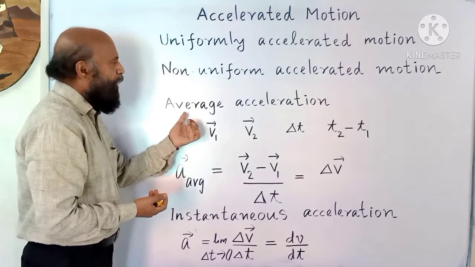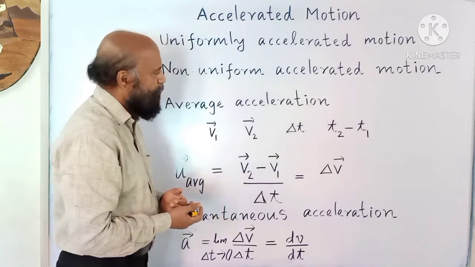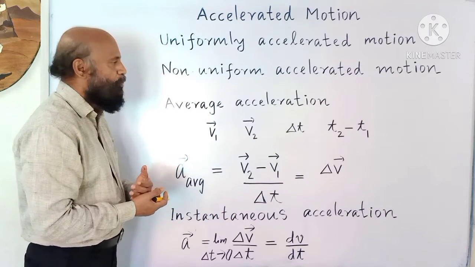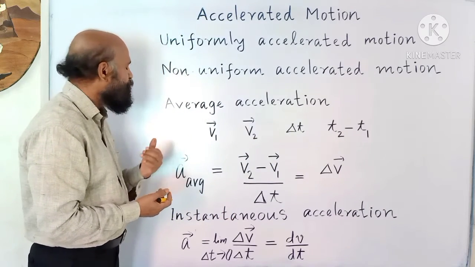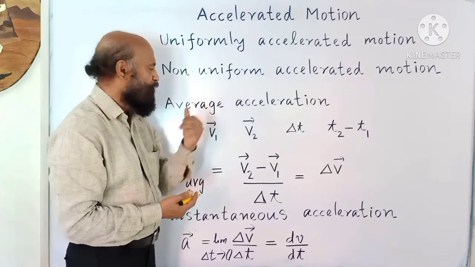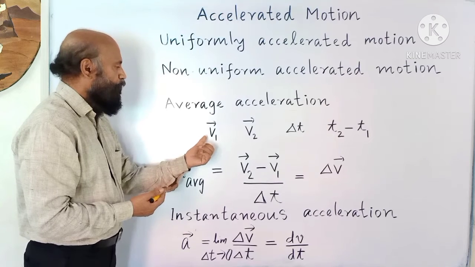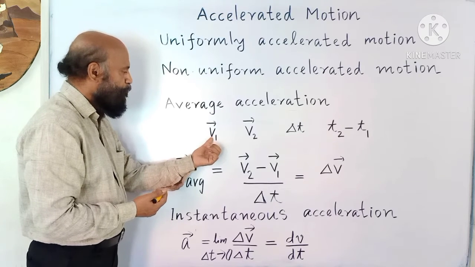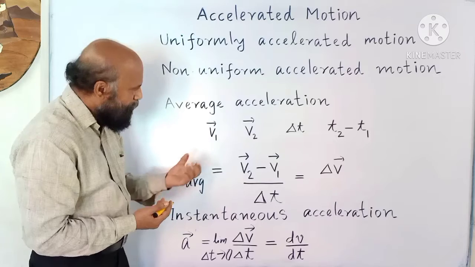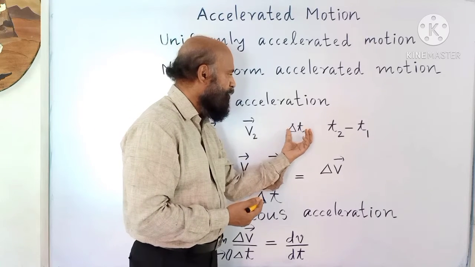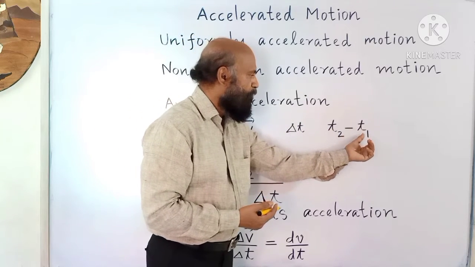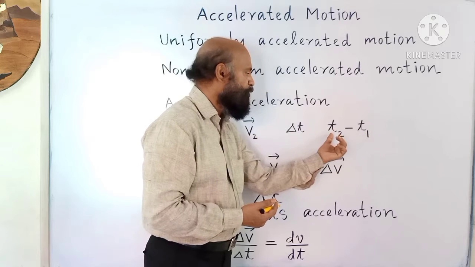Now let us see what is the average acceleration. If the velocity is changing, the body is said to have acceleration. Average acceleration. Suppose the velocity of a moving body changes from v1 to v2 in a time interval delta t. Delta t is t2 minus t1, where t1 is the initial time and t2 is the final time.